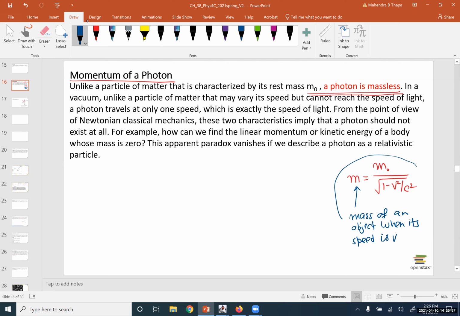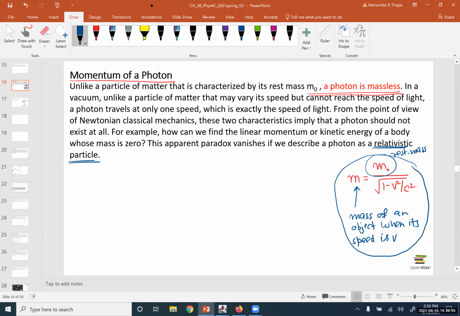This is the case of relativity, so we call it the relativistic mass. In the case of a photon, m naught is called the rest mass of this particle, and we have to consider the photon as a relativistic particle.